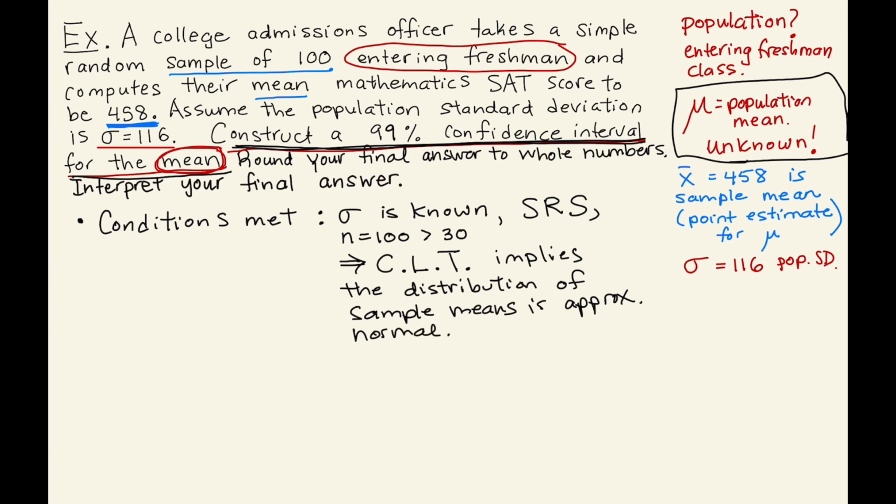Okay, so all the conditions are met. I take a look at what I'm given. We were given n equal 100. The sample mean was 458, our point estimate. The population standard deviation was 116. Mu is the unknown. That's what we're trying to estimate with our interval.